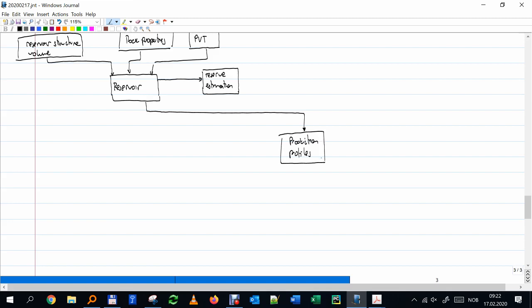And these production profiles is what I use later to compute revenue. I calculate the revenue stream. Okay. Here sometimes I have the production schedule.